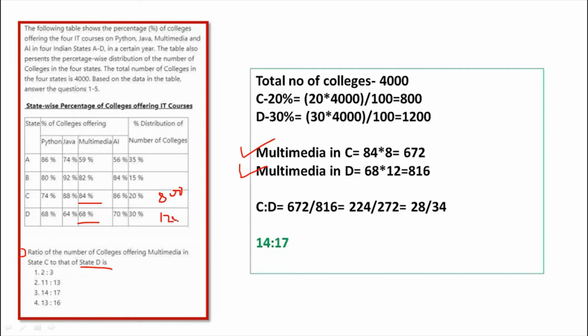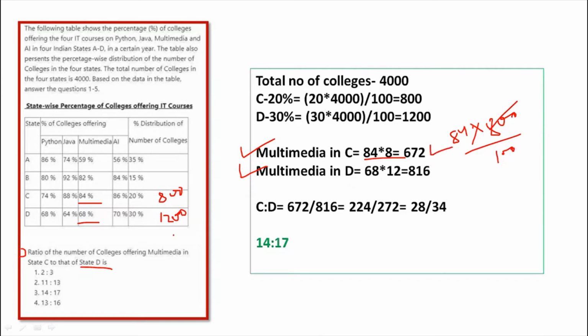So 84% of 800, 0 cancelled, we are left with 84. So this goes like 84 into 800 divided by 100, 0 cancelled, and 84 into 8 is 672.